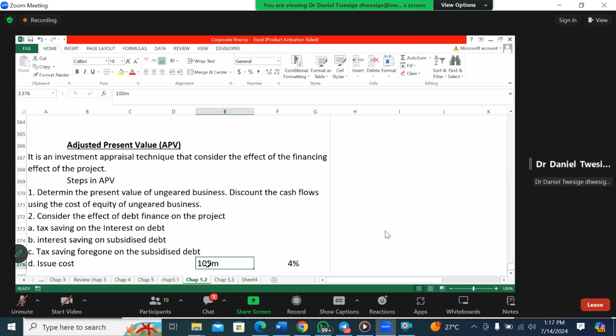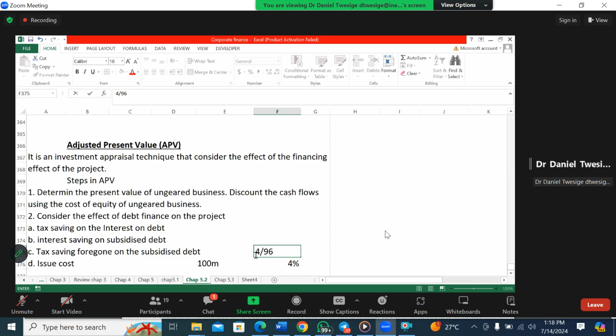So when you are computing your issue cost, you should know that the 100 million is not 100. It is 96. So in this case, your issue cost will be 4 over 96 times the 100 million, because this one is only 96% of the money that you got from the bank.